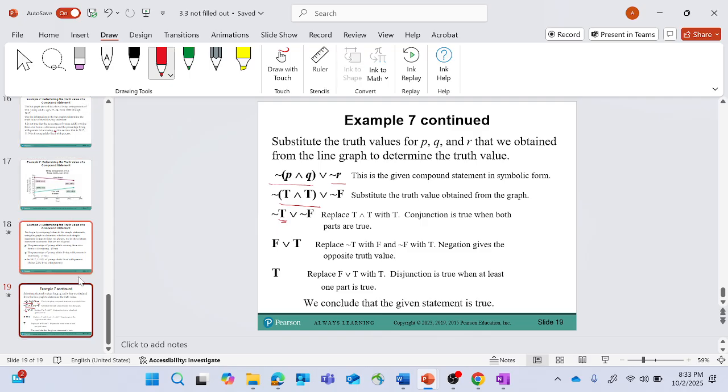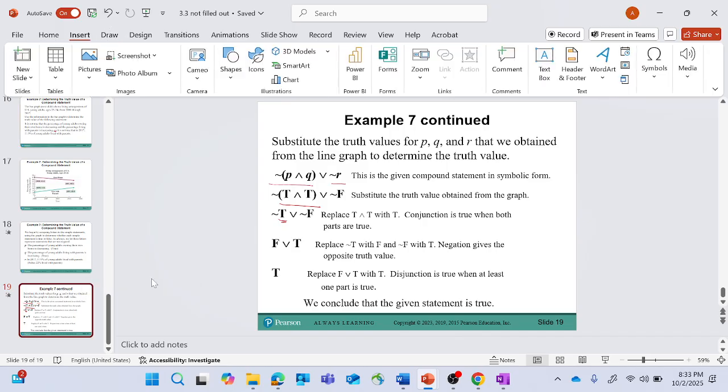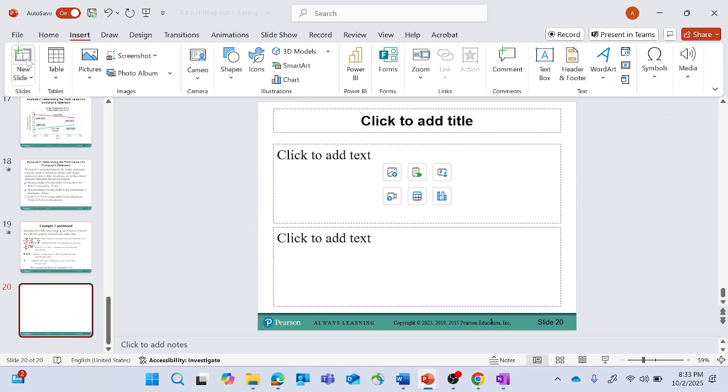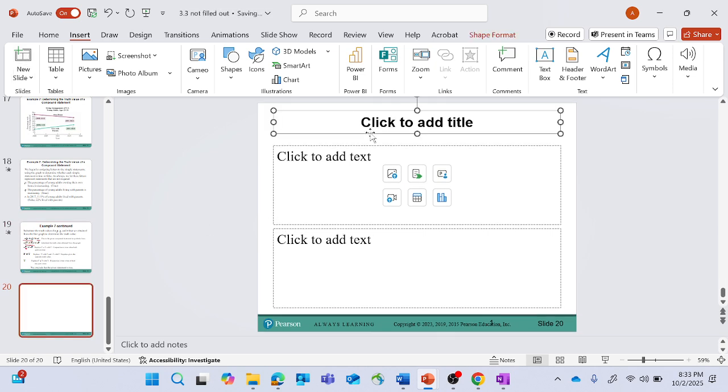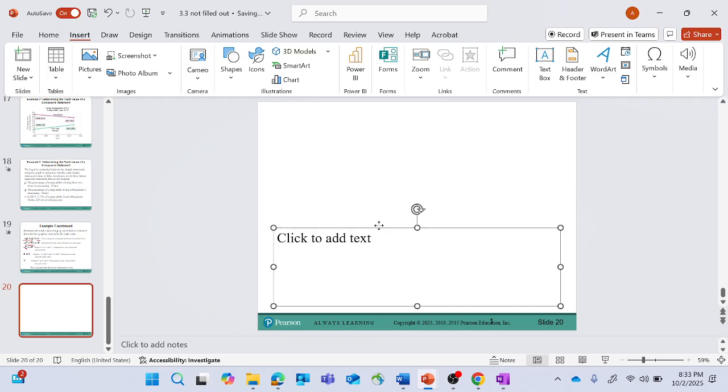Let's do a new slide. How do you do a new slide? So I'm going to give it a simpler example. Let's say P is that 10 is greater than 7.